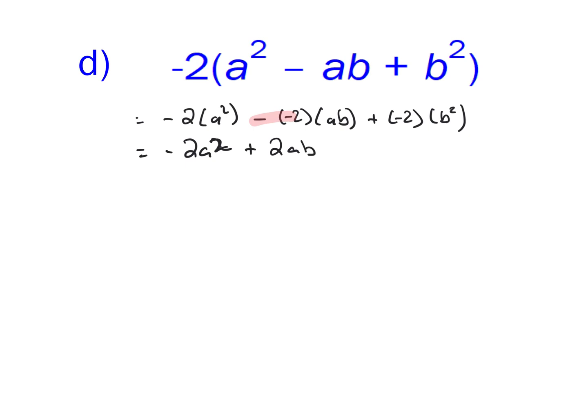Now, the next batch of signs, we have a plus and a minus, which makes a minus 2b squared. Yeah. So our integer rules that we learned at the beginning of the course come to the rescue and help us simplify those signs nicely.